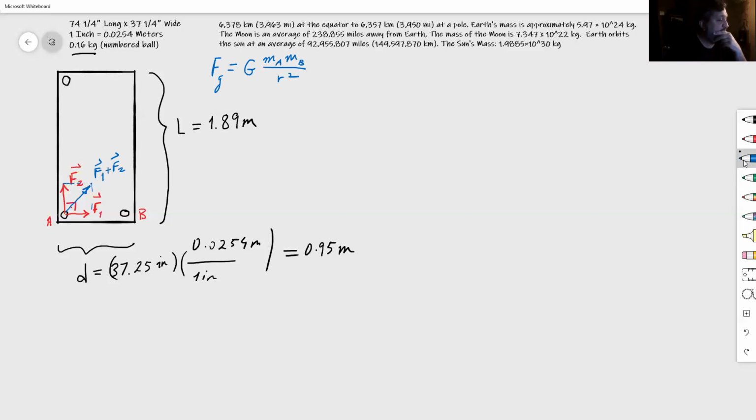Now, that distance for A and B may not be exactly 0.95, but let's ignore that for a moment, okay? Let's just use this number for our separation for A and B. Okay, so F1 then, let's find F1.